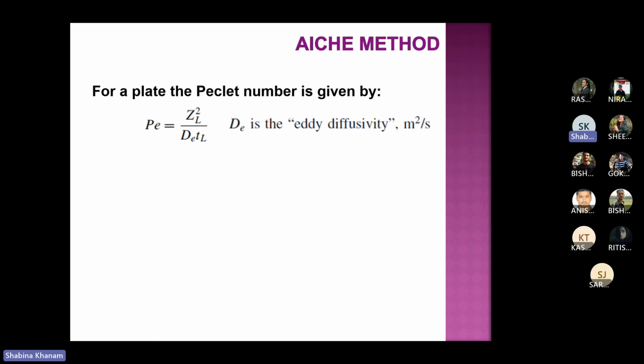DE is the important parameter, and that is eddy diffusivity. Eddies are formed when mixing is there, so this factor counts the degree of mixing. This is the fourth point considered by the AIChE method, you can refer to the previous slides. So we have DE, the eddy diffusivity, and we can find out the Peclet number.